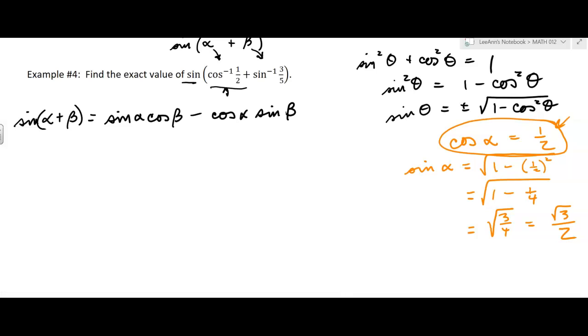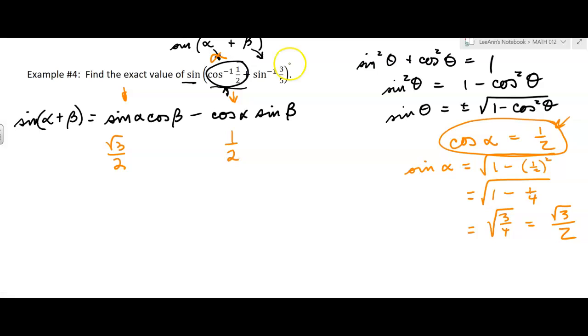I'm replacing this with alpha, and I'm doing this in orange. Look where there's alpha, right here and right here. Do I know the sine of alpha? I do. It's the square root of 3 over 2 because we just figured that out. And do I know the cosine of alpha? I do. It's 1/2.